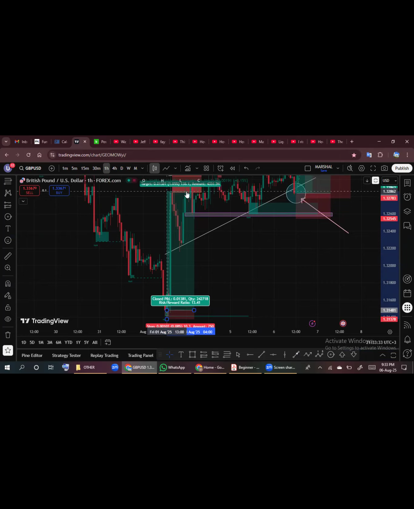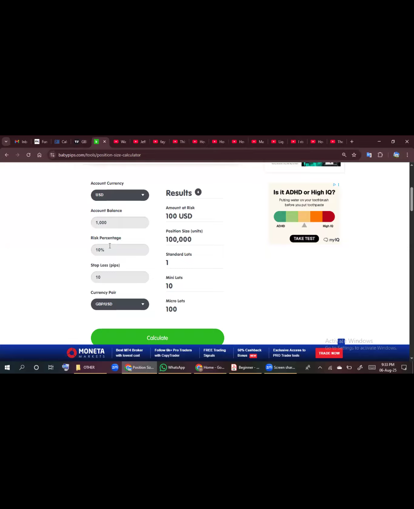Imagine if you catch one standard lot on this. Let me see. 135 is 135 pips, one standard lot. That means you'll be making 1,350 or thereabouts. So that is why we say use percentage to measure your risks.